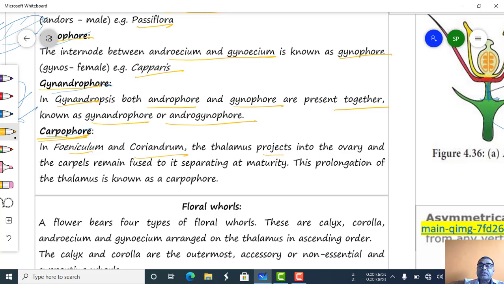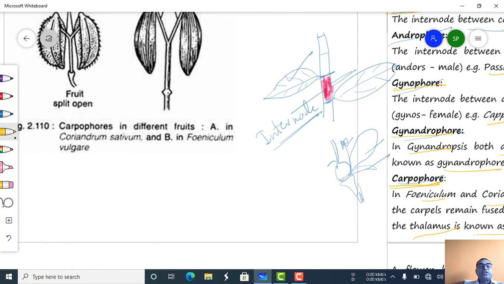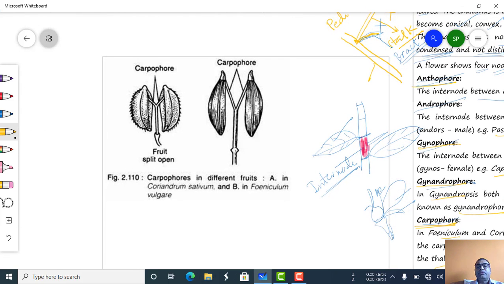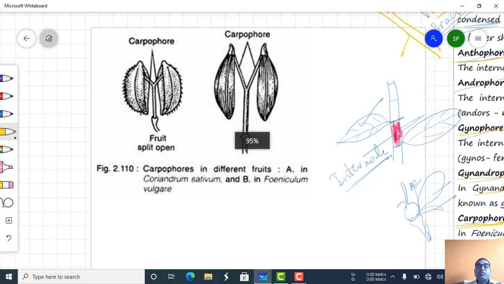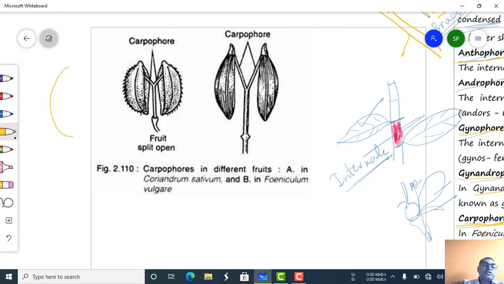The thalamus projects into the ovary and carpels remain fused to it, separating at maturity. This prolongation of the thalamus is called a carpophore. If you see here, this is the figure of the carpophore. What is carpophore? In this case, this is the ovary, and this ovary is formed by two carpels.